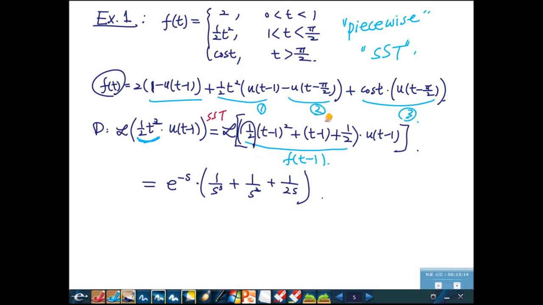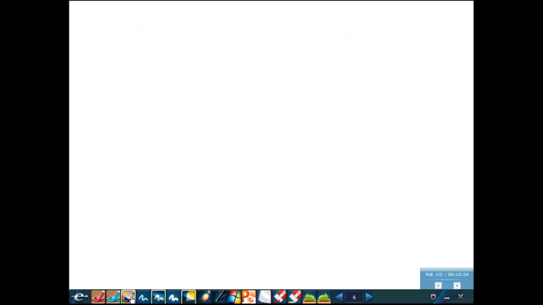And the second one is in the same respect, okay? So u of t minus pi over 2. If I write it on the second page, the Laplace transform of 1/2 t squared times u of t minus pi over 2.